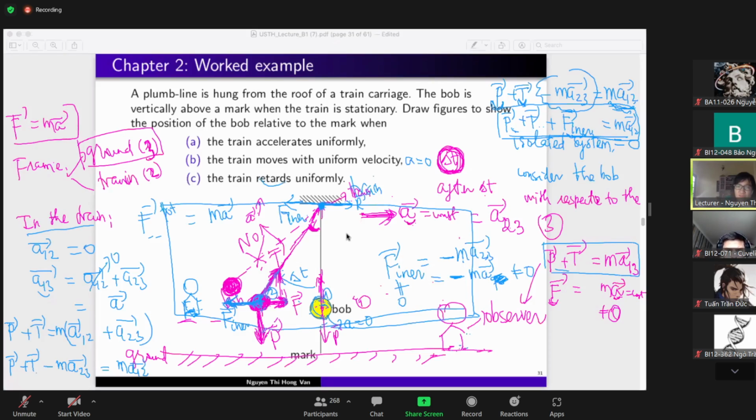In the case of uniform rotation, A goes in this direction, and the inertial force is opposite to A, because it is minus A here. So if this is the direction of the force, it acts on the bob to the right. Agree? So in this case, it's C, because now you have inertial force in this direction. It makes the bob go to the right. Okay? You agree with this explanation?